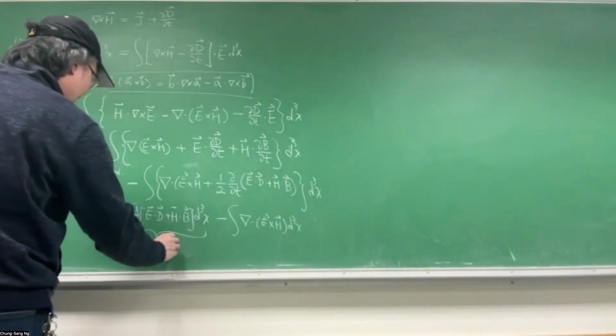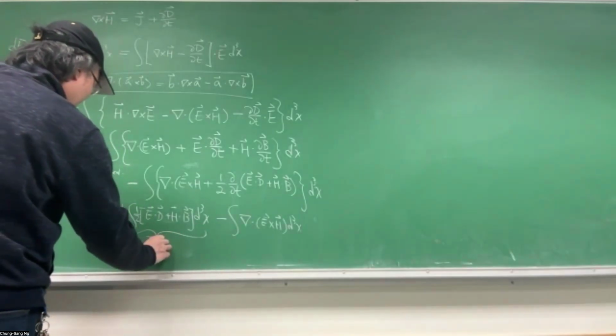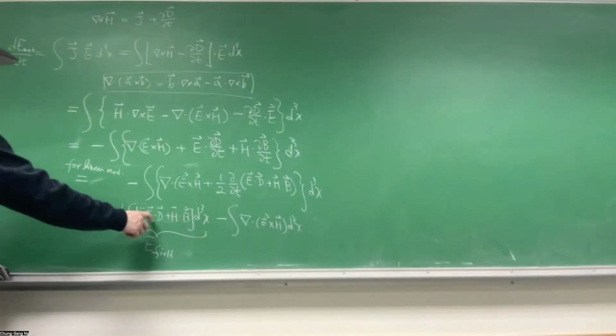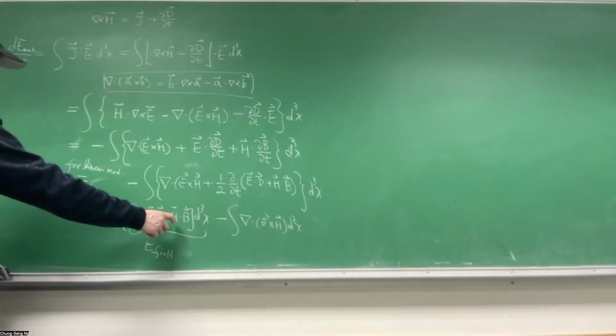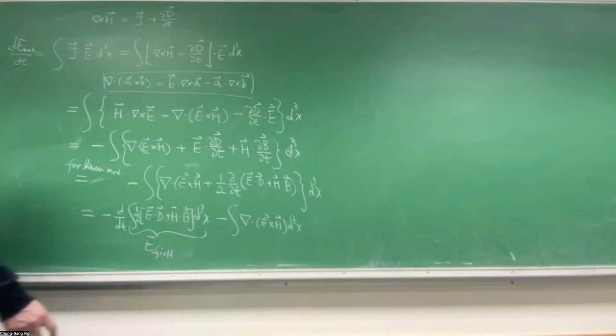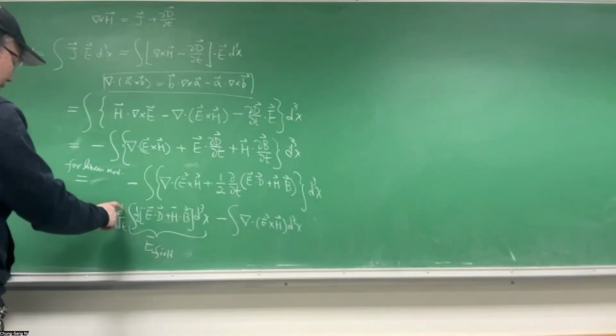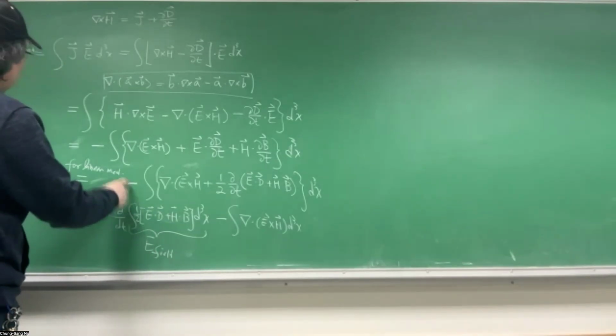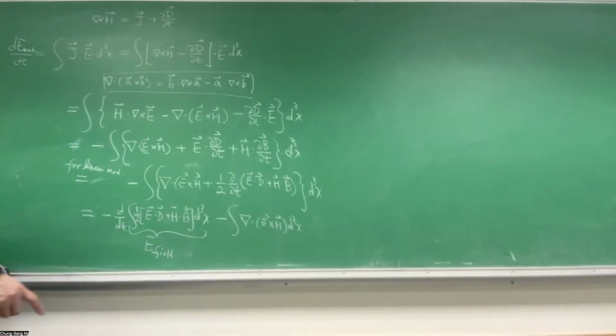This after the integration is the energy of the field, because all the integrands involve the field. You have the electric field, the displacement, the H field, and the B field. So these are the field energy, and the time derivative of the field energy is given by that, and this is the time derivative of the mechanical energy.